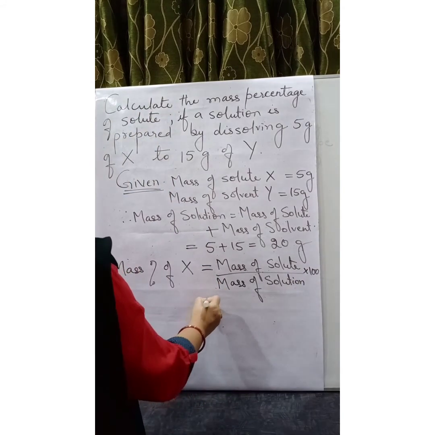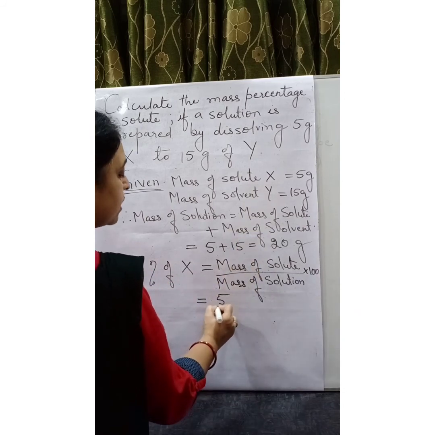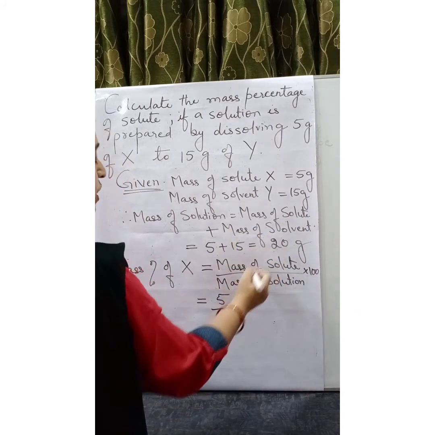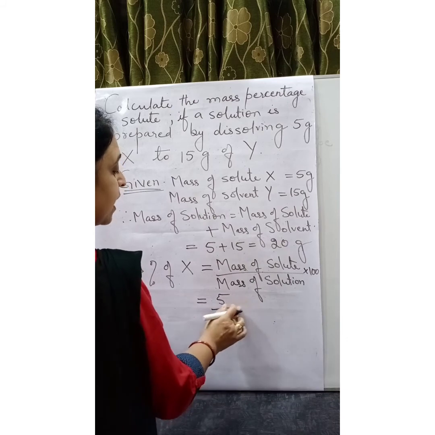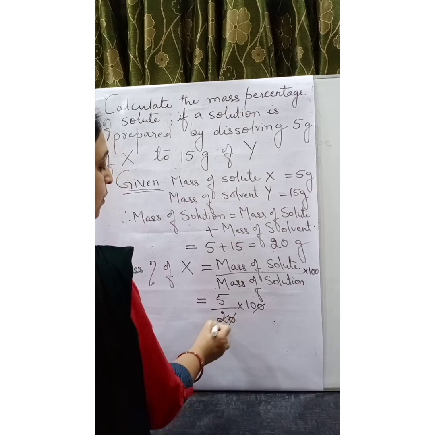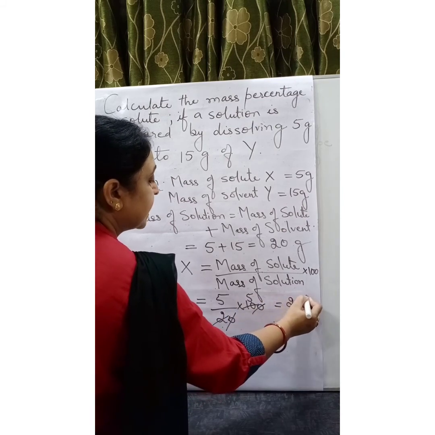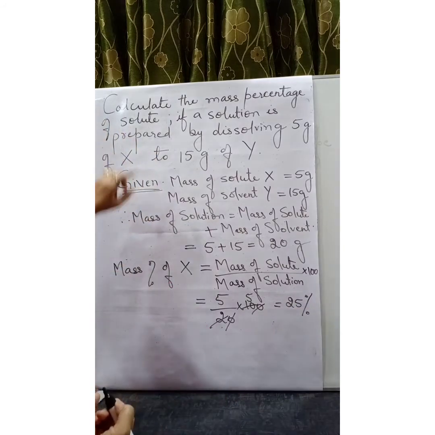Now put the values. Mass of solute is 5 upon mass of solution is 20 into 100. So 5 fours are 20, 25% is the mass percentage of solute present in the solution.